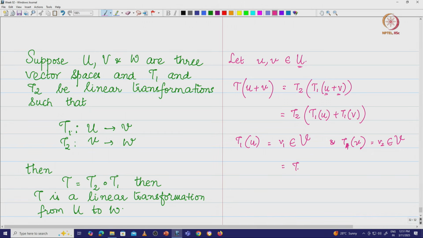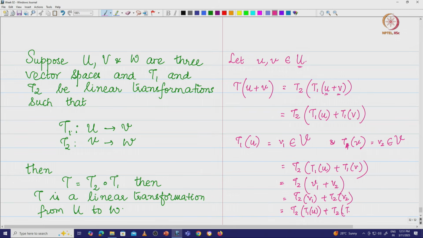So, what do we have? We have T2 of T1 of u plus T1 of v, which is nothing but the linear transformation T2 applied on the vector v1 in v plus the vector v2 in v. Now, since T2 is a linear transformation, I can write this as T2 of v1 plus T2 of v2. But what are v1 and v2? v1 and v2 are obtained as the linear transformation T1 applied on the vector u and on the vector v.